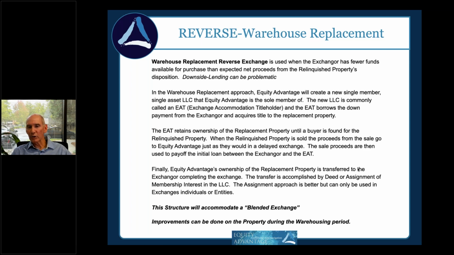Sometimes that's not possible. For example, spouses in Oregon, we're not a community property state, so even though we could use that assignment of membership interest for clients in California or Washington, we can't do it in Oregon, because the spouses cannot go into or out of an LLC through the exchange. So that's sort of the easiest reverse structure, the warehouse replacement.